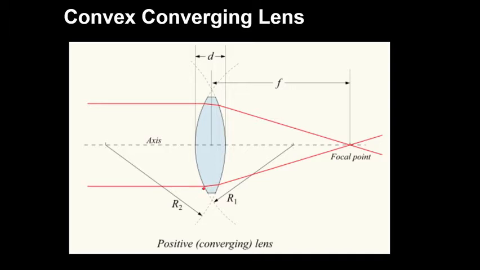When they reach the lens, they actually get refracted twice. Once when they enter, and again when they exit the glass.